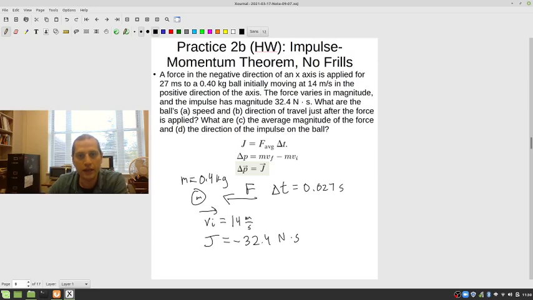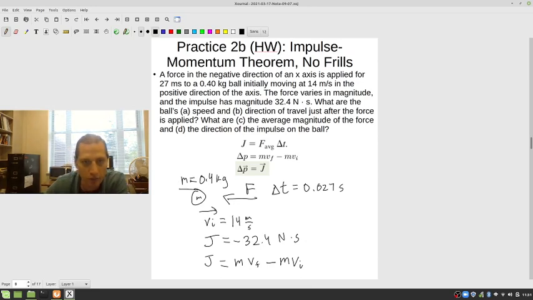Part A asks, what are the speed and direction of travel of the ball just after the force is applied? Well, you would just go ahead and use J equals M V final minus M V initial.